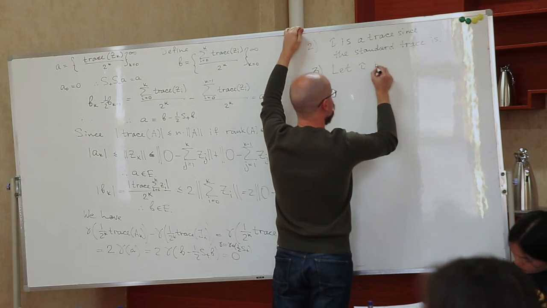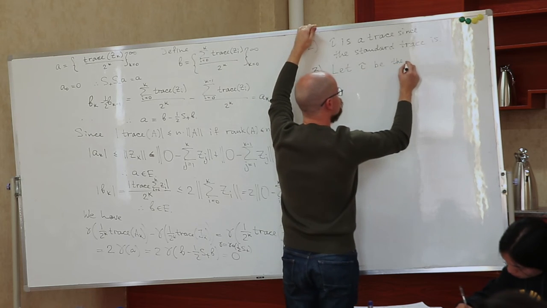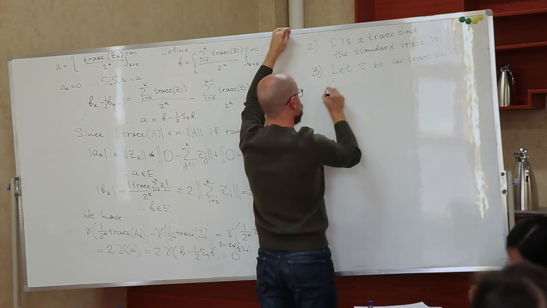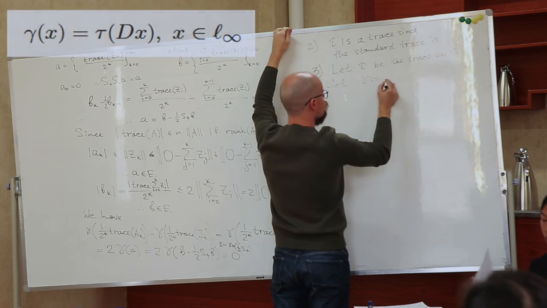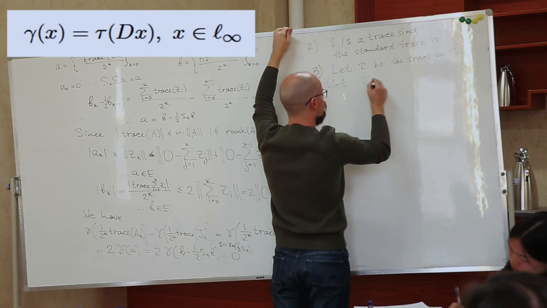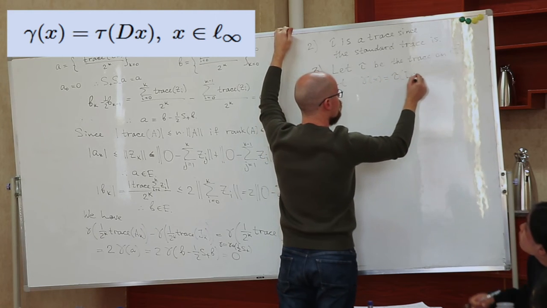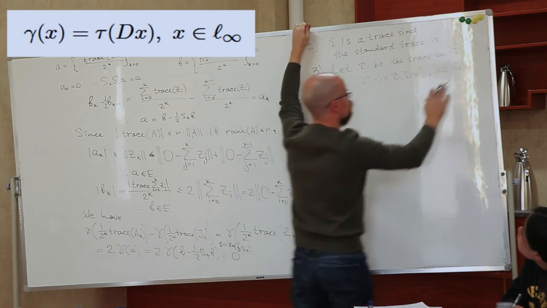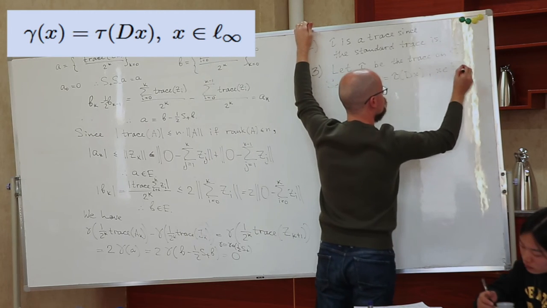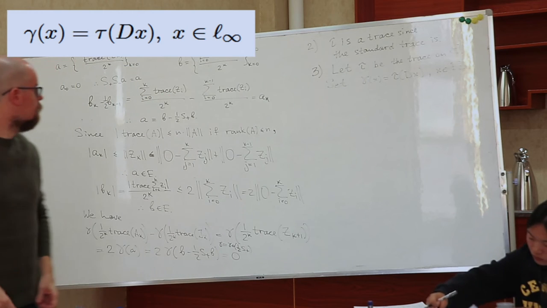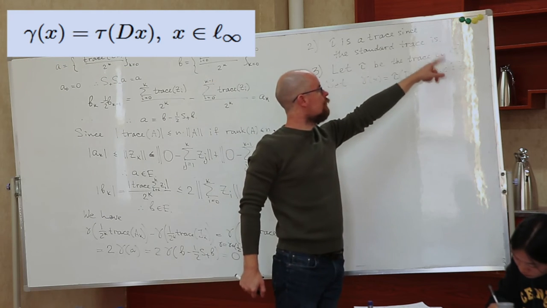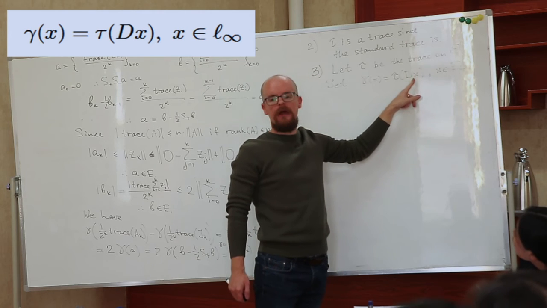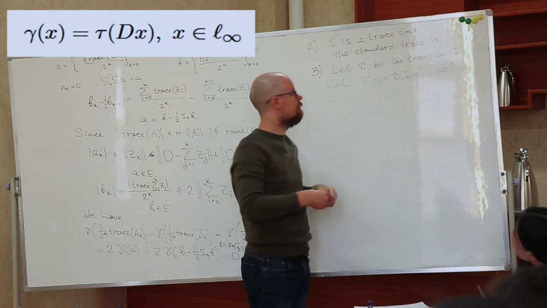Take the trace tau on the curvy E, and set gamma of x to be tau of dx for every x from straight E. So we know that by the correspondence between these 2 ideals, if x is in straight E, then dx is in the curvy E, so this formula does make sense.